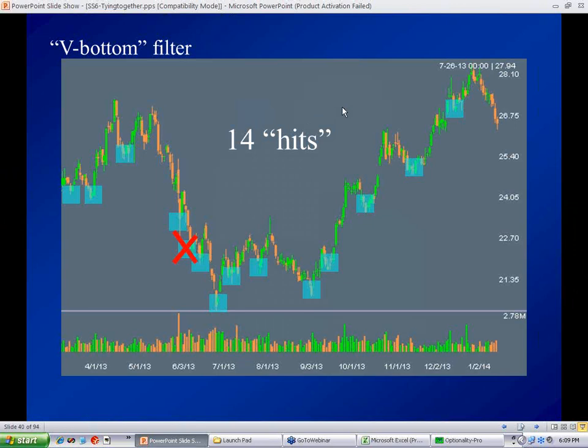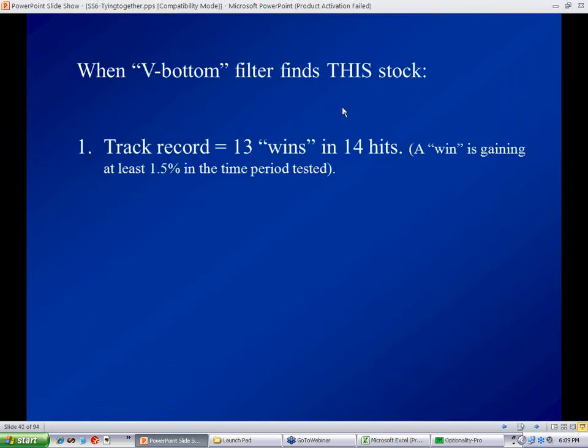Right there, it failed, and that was the only time it failed to gain shortly after the V-bottom. In this case, the track record for the V-bottom for this specific stock is 13 wins in 14 hits. A win, by the way we measured this, is gaining at least 1.5% in the time period tested.